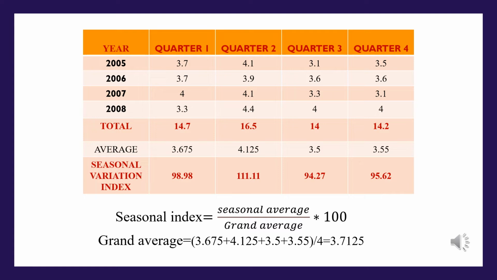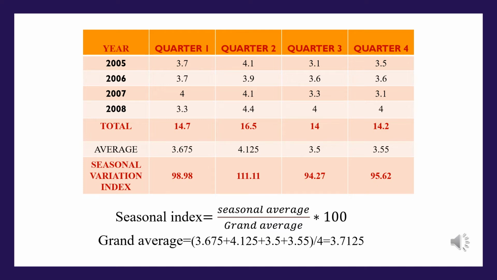Here the grand average is 3.675 plus 4.125 plus 3.5 plus 3.55, which is equal to 14.85, divided by 4, equal to 3.7125.